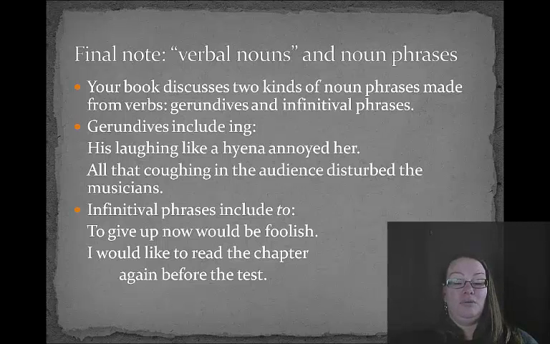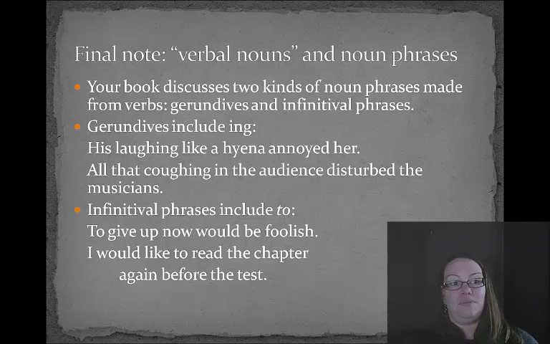Gerunds include ing. Something like, his laughing like a hyena annoyed her. His laughing kind of looks like a subject and a verb, but it's not. The whole thing, his laughing like a hyena, is the subject, and annoyed is the verb.